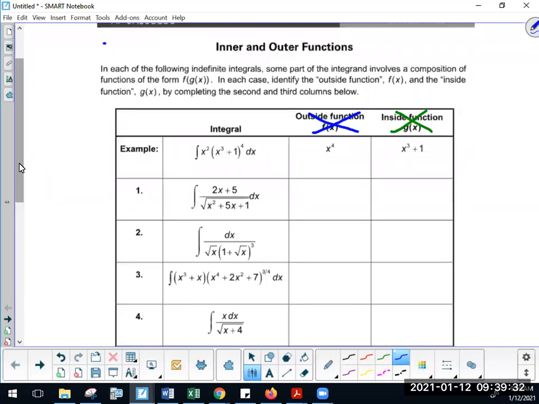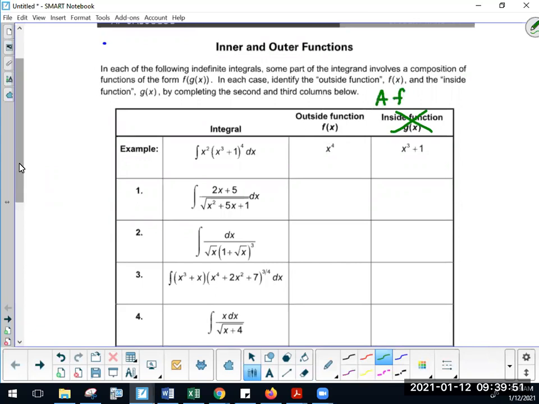Well, this won't work out quite the way I hoped. I think we'll call it outside function, but my other idea is not going to work here. So this is me changing ideas on the fly.